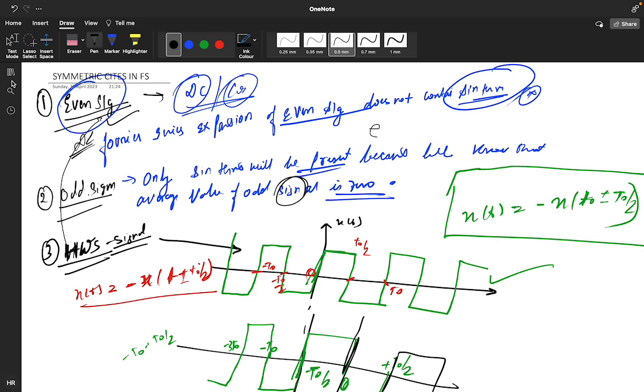Try to solve the workbook problems. And the properties of the Fourier series we need to learn: linearity, time reversal, conjugation, time shifting, frequency shifting, convolution in the time domain, multiplication in the time domain, differentiation in the time domain, integration in the time domain, and the Parseval power theorem.